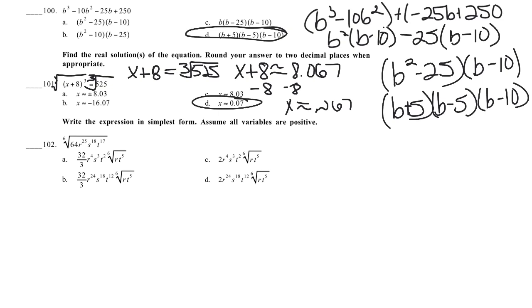Write the expression in simplest form. Assume all variables are positive. That means no absolute value, so I don't have to worry about that. The 6th root of 64 is 2.